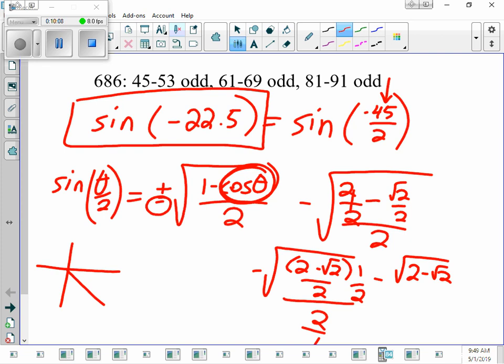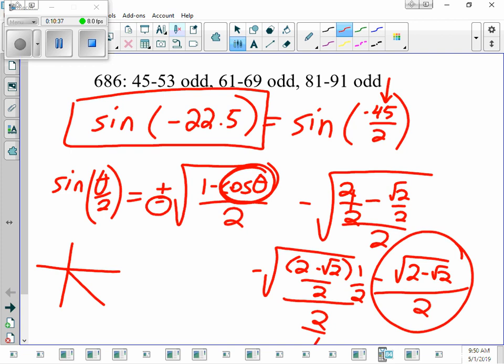It becomes 4, but the square root of 4 is 2. And that's the answer: negative square root of 2 minus root 2, over 2. That is the sine of negative 22.5 degrees. Okay, that's not too bad.